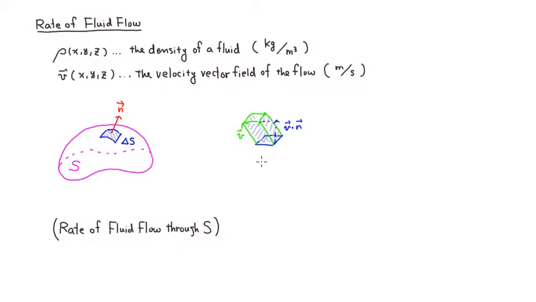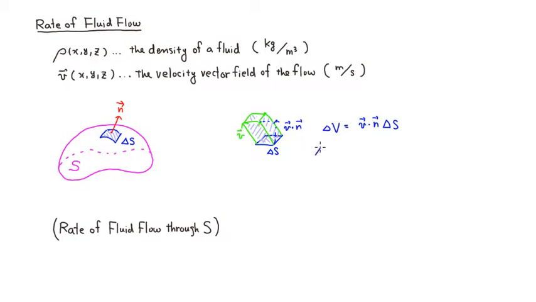So the whole volume, delta V, is going to be the surface area, delta S, times the height. You can find it by V dot N, the normal vector, multiplied by delta S. But if you want the mass, you just have to multiply the volume by its density.